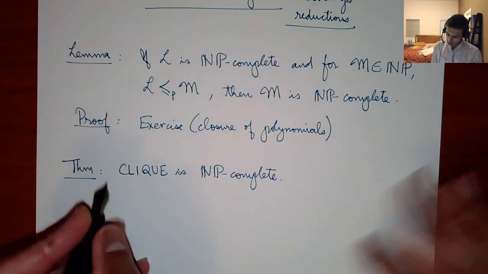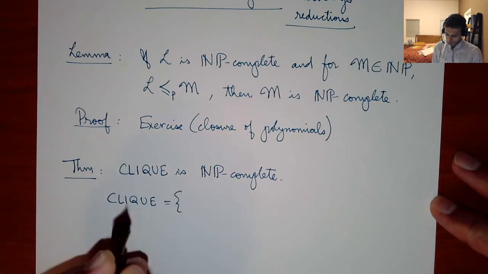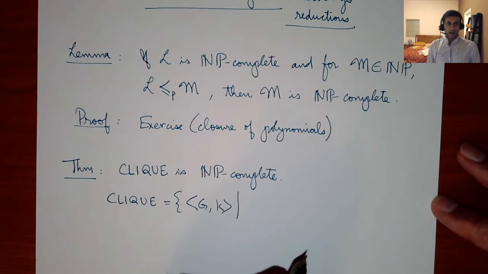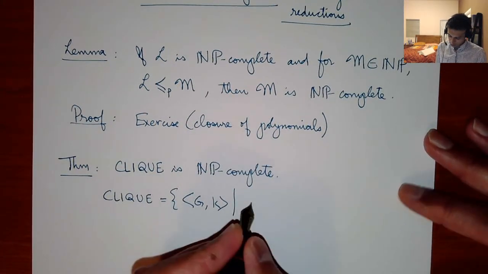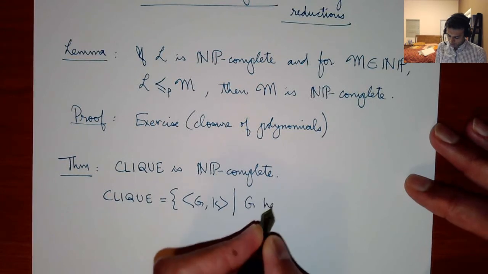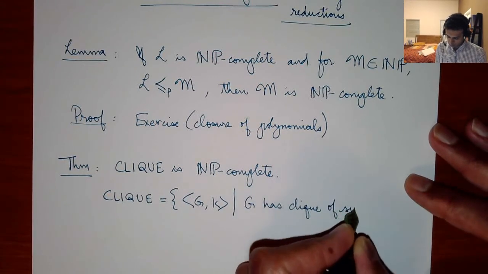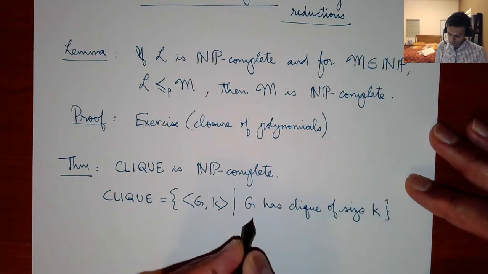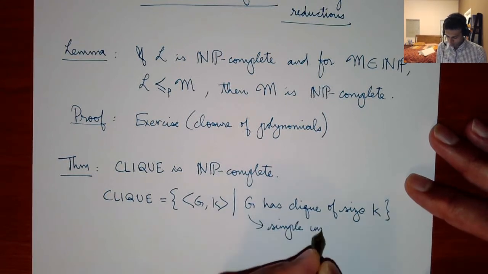So just to remind you, what is the language Clique? You should think of it as a pair G, K, where G has a clique of size K. And again, G is just a simple undirected graph.